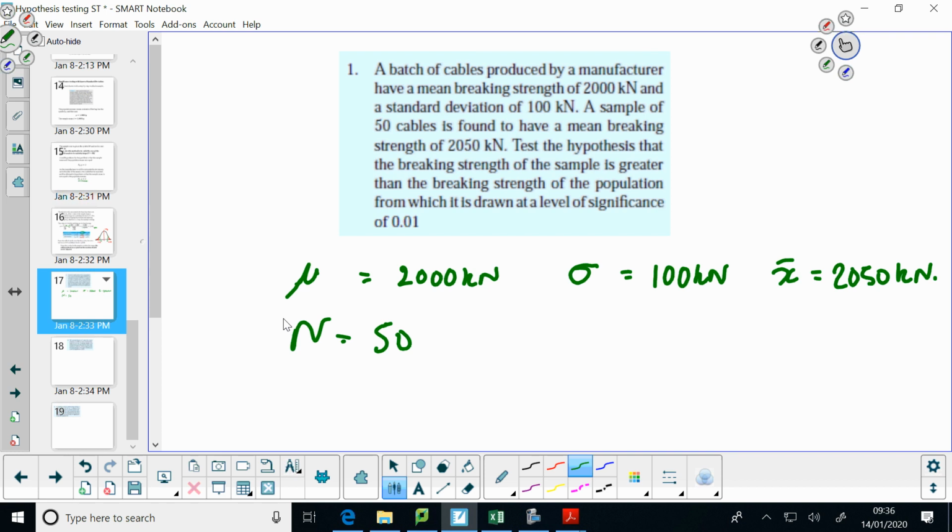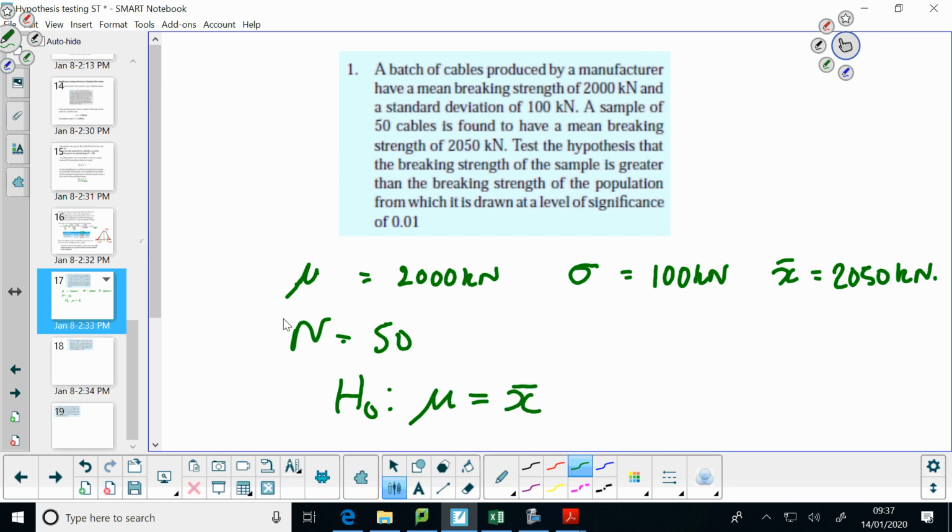First thing you should do is, from the wording in the question, pick out your null hypothesis, H0. That has to be, in this case, that these two things are equal. So the null hypothesis is that mu is equal to x bar.